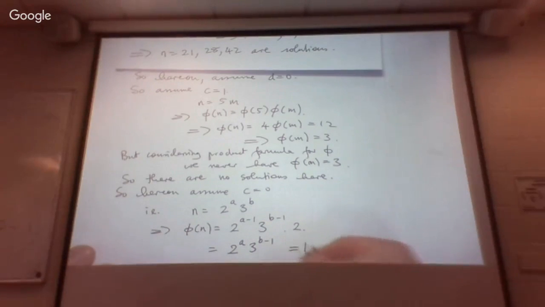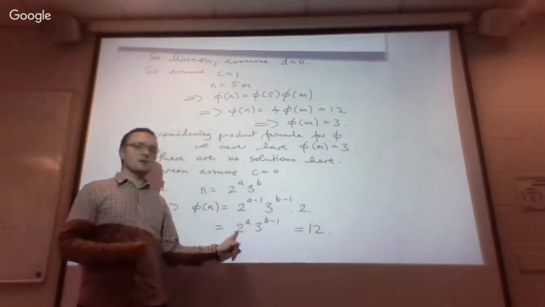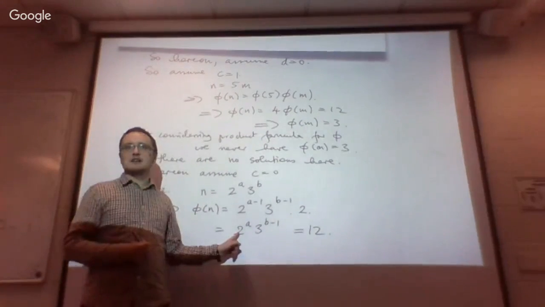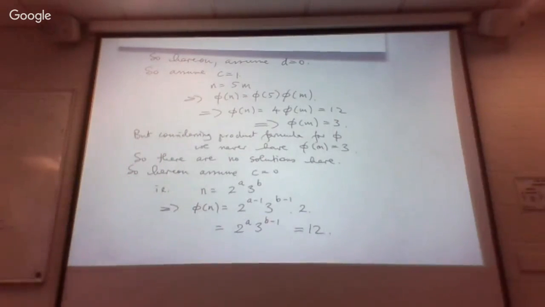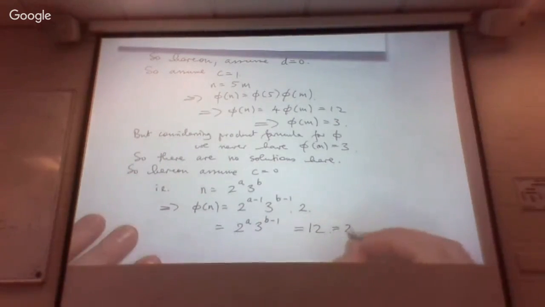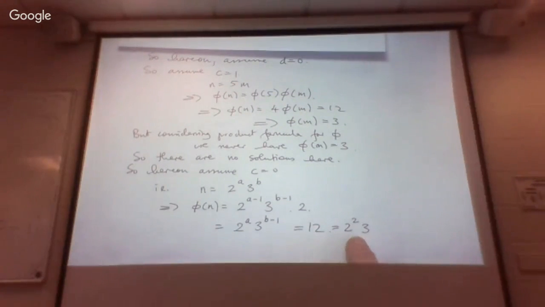And if this is equal to 12, well, there's one and only one way that can be equal to 12, because this is a prime factorization: a load of 2s times a load of 3s. And 12 factorizes as primes as 2 squared times 3. So remember, prime factorizations are unique.